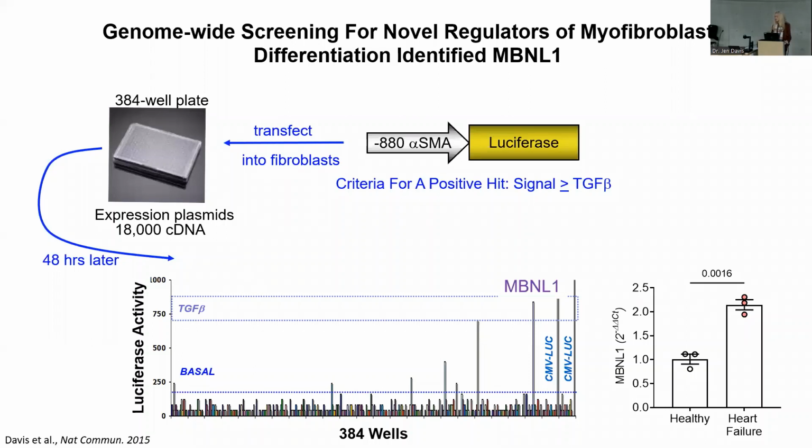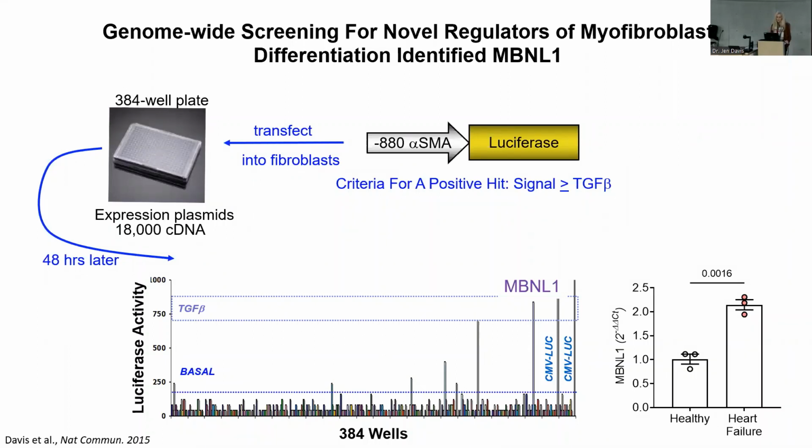This transcriptional surrogate is just a simple luciferase reporter driven by the alpha smooth muscle actin promoter. Down here is a graph from one of the plates from this high throughput screen, where you're looking at luciferase activity as a function of well number, and of course in every different well was a different cDNA.